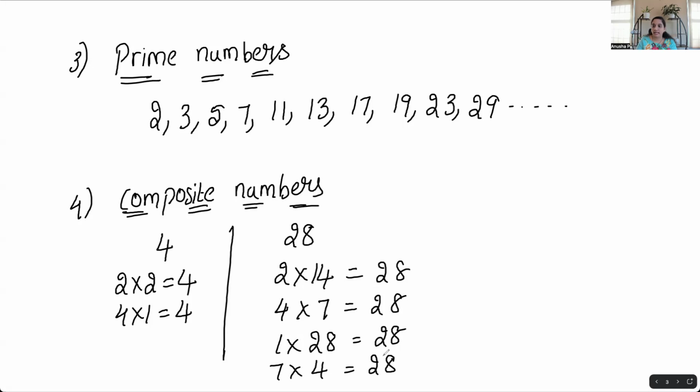So the number 28 comes in multiple tables: the 2 table, 4 table, 7 table, 14 table, 28 table. Like 28 times 1 is 28. So if it has multiple factors, then it is called a composite number.